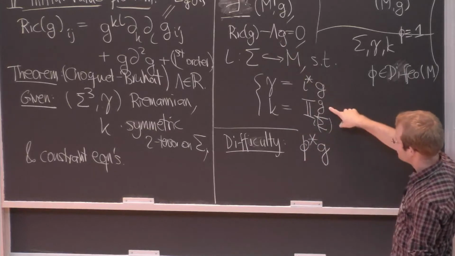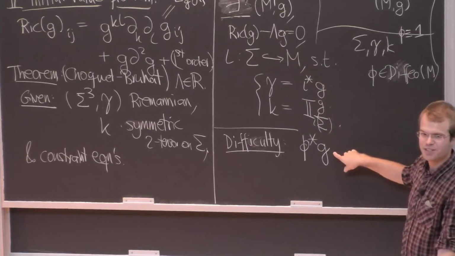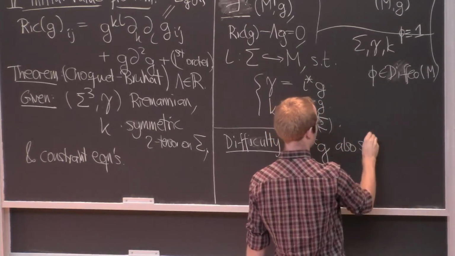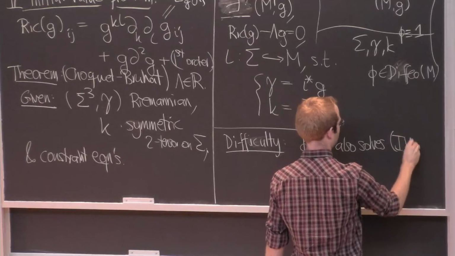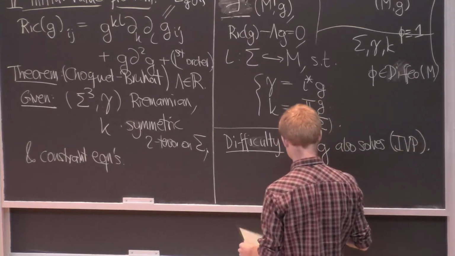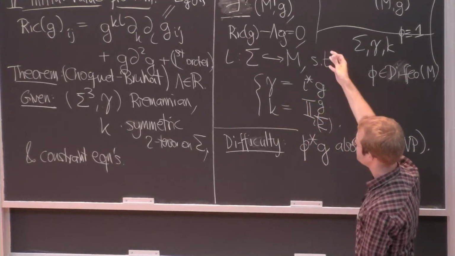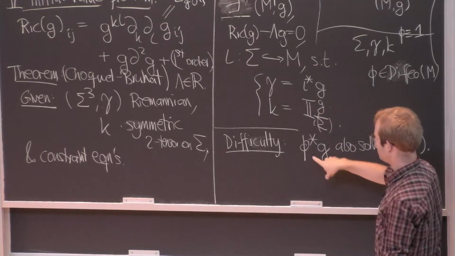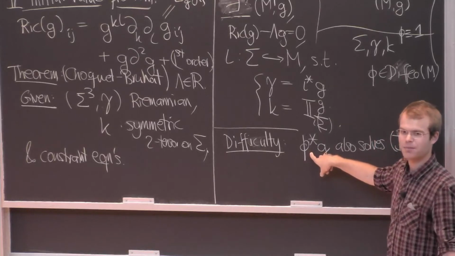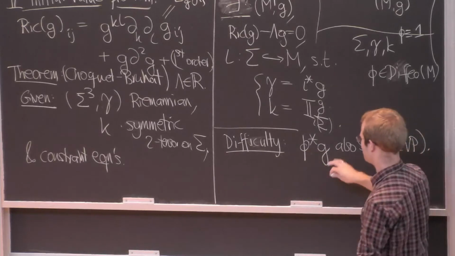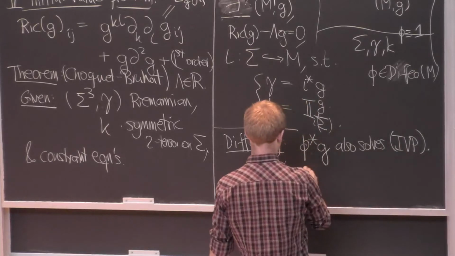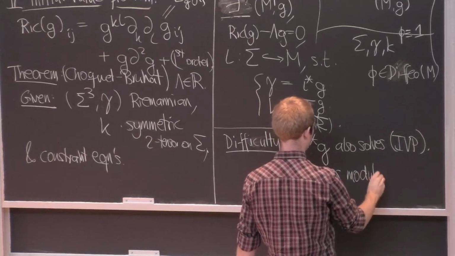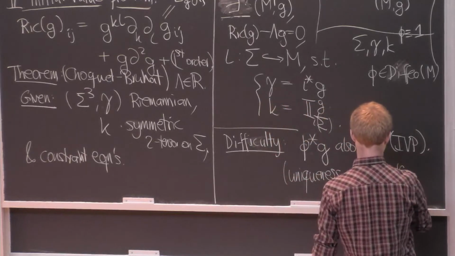It also has the same initial data, but generally will be pointwise a different symmetric 2 tensor, a different metric. So this also solves the initial value problem. And so the uniqueness claim in this theorem is basically that any two solutions of this initial value problem are related by pulling one back by a diffeomorphism and getting the other. So this is the only non-uniqueness you have. Let me say it informally: uniqueness modulo these diffeos.